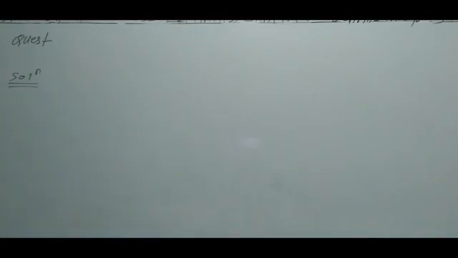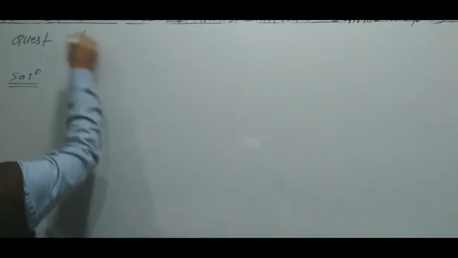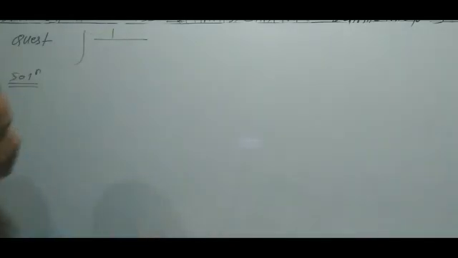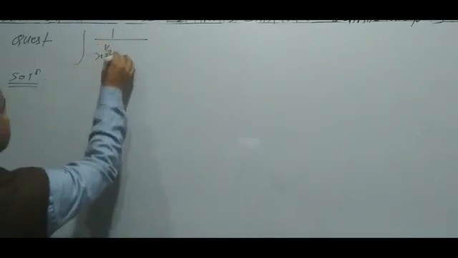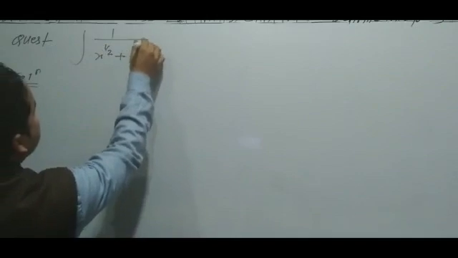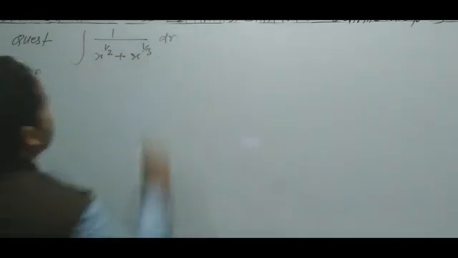Now question number 5 is integration of 1 upon x to the power 1 by 2 plus x to the power 1 by 3, dx.